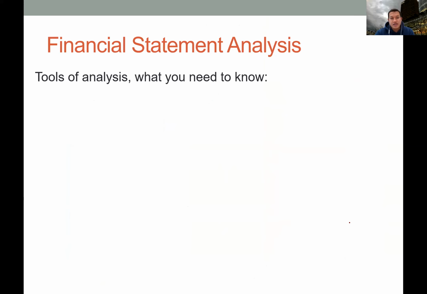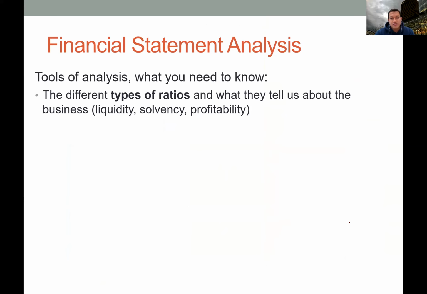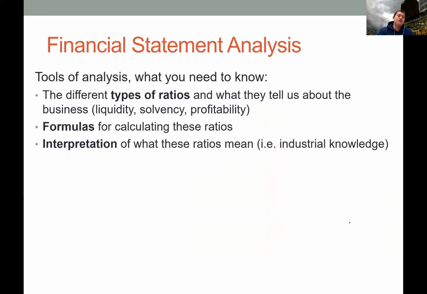Next, what we need to know in the analysis is the different types of ratios and what they tell us about the business. Today we only cover three groups of ratios: liquidity, solvency, and profitability. We still have many other ratios outside of these three groups, but we don't discuss them in this session.